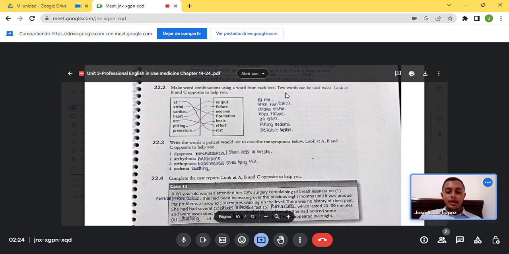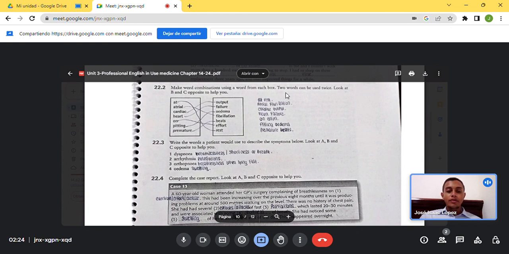Next is cardiac output. Eso es salida cardíaca. Next is heart failure. That means in Spanish, eso es fallos cardíacos.